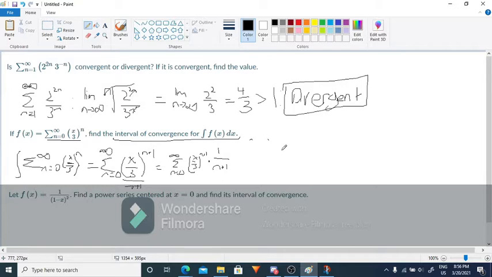And then if that value is less than 1, it's convergent. And so in order to find the interval of convergence, we're going to find all values of x that make it less than 1.